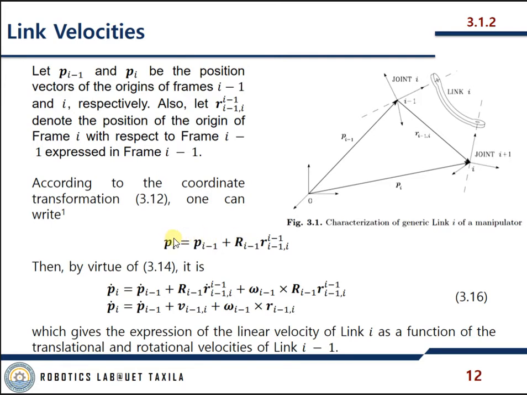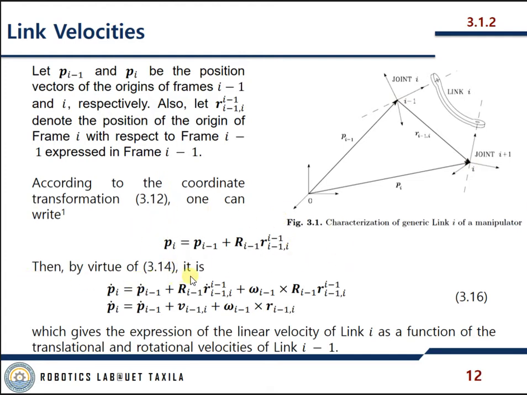If it is not mentioned here, it means the superscript is 0. So this is p_i^0, p_{i-1}^0, and this whole thing is being represented R_{i-1}^0 and this vector. So in this case it is moving from frame i to frame 0. So that's what is going on.